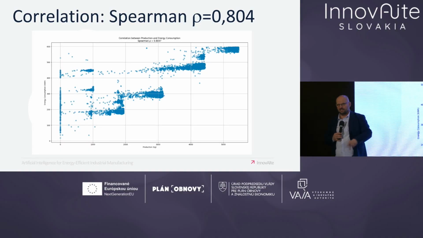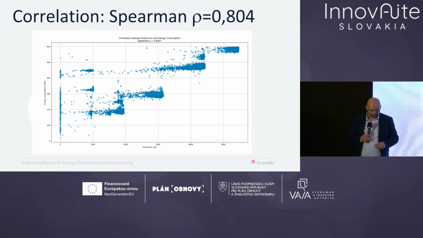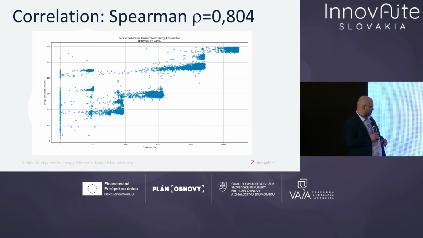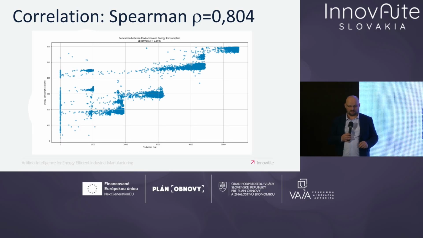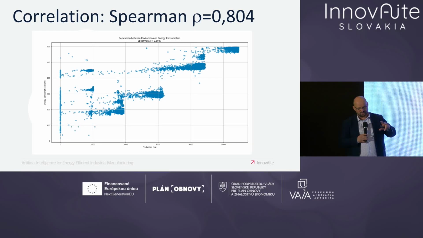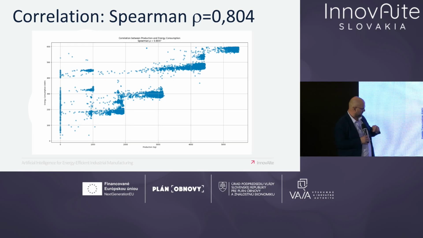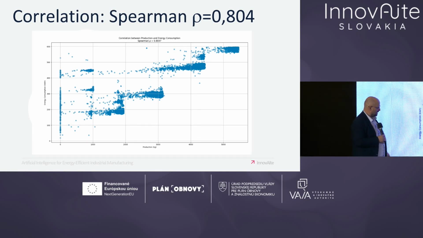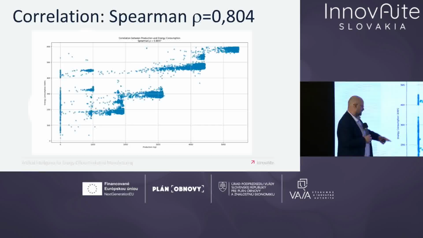What you saw before was a timeline, so consumption and production as a function of time. And this is a chart in which you do a regression. It's a method we selected to identify the inefficiencies.